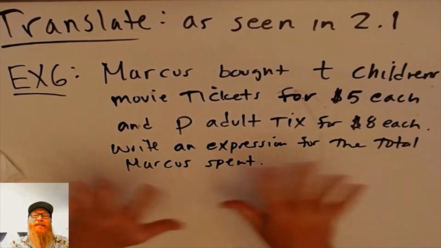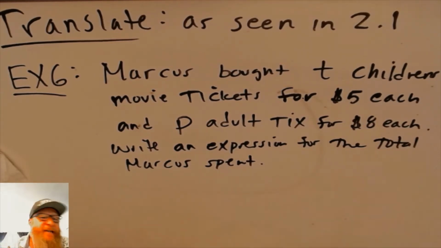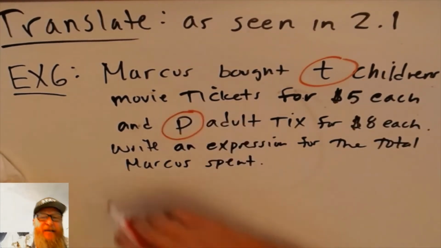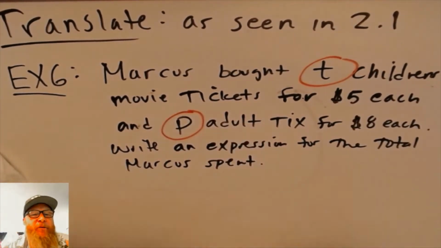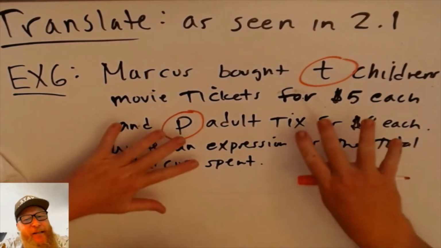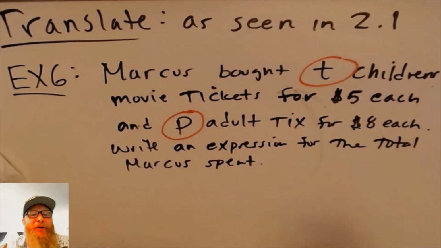Now, I'm doing this intentionally to sort of give you lots of different variables. I don't want you to be too comfortable always having X and always having Y. So I'm using variables like T and P. But I want to be perfectly honest with you. At some point, we're going to choose our own variables. All right? I'm not letting you pick your own variables right now. I'm picking for you. So you have to use the variables that I've picked.